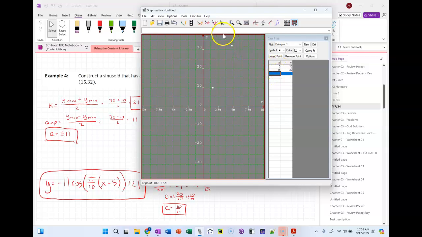And then y equals negative 11 cosine pi over 10 x minus 5 plus 21. Notice that goes through. Or the other answer we could have done would have been positive 11 and then x minus 15. Notice that's the exact same picture, right? Still works. Is everybody cool?